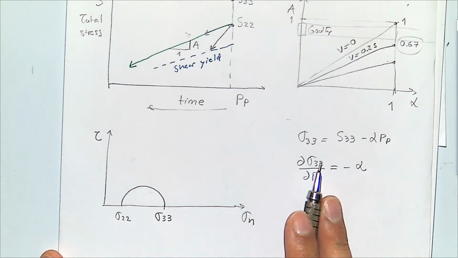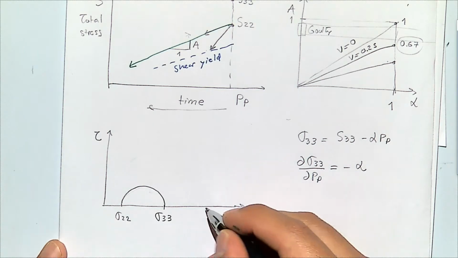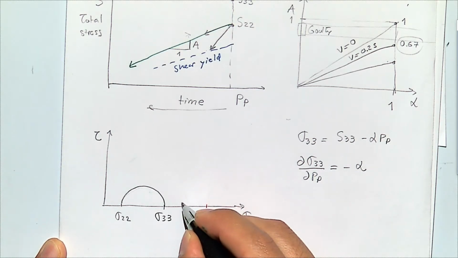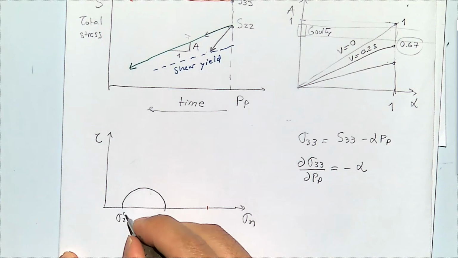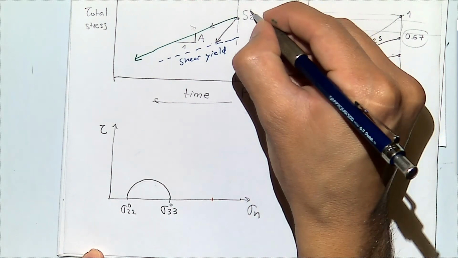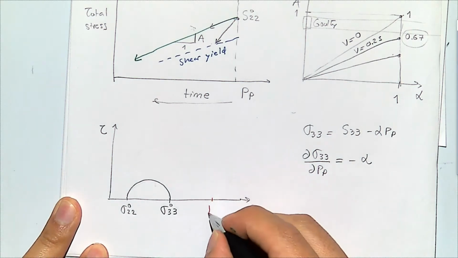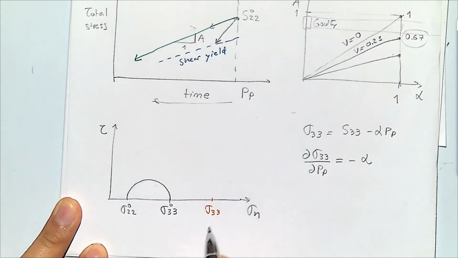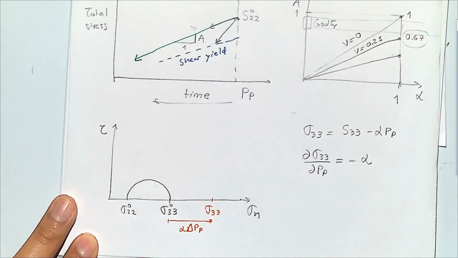So this means that this is going to increase, and it is going to increase by an amount alpha times the pore pressure change. So let me write here: this is the initial, and this is going to be the value after the change in pore pressure, in which we're saying this is a reduction of pore pressure, right?